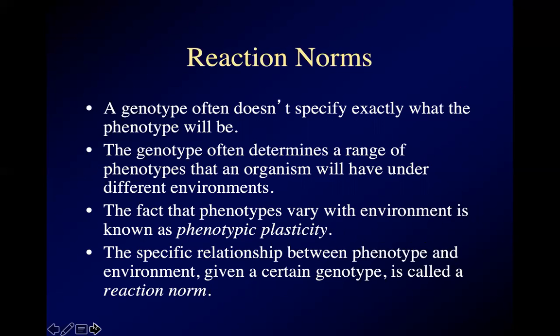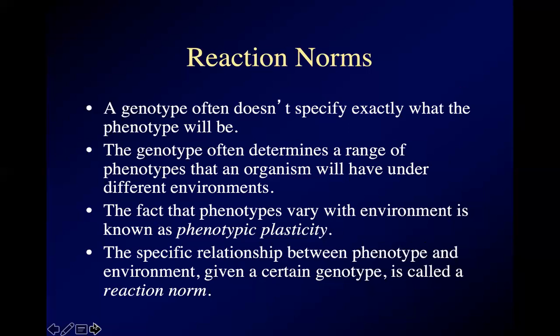So the fact that phenotypes vary with environment has a name. We call it phenotypic plasticity. Plastic, again, plastic is the material, but plastic as an adjective just means moldable, shapeable, because plastic, the material, is called that because you can mold it into any shape that you want.